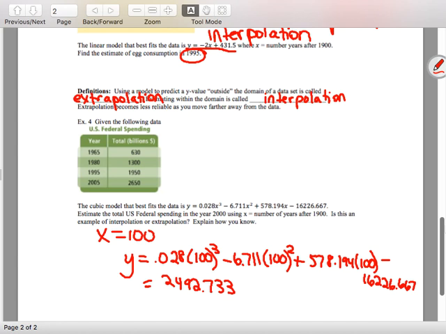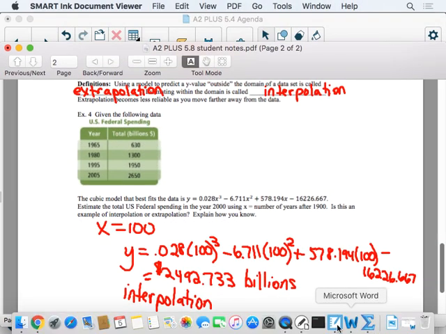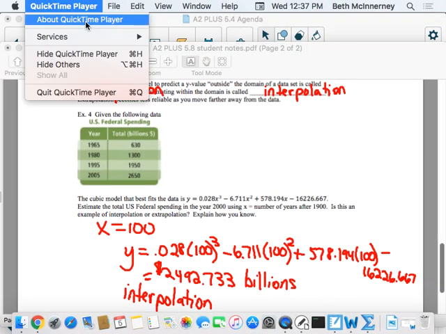And this is billions. So that's actually an enormous number. And since 2000 is within the collected data set, that is an example of interpolation.